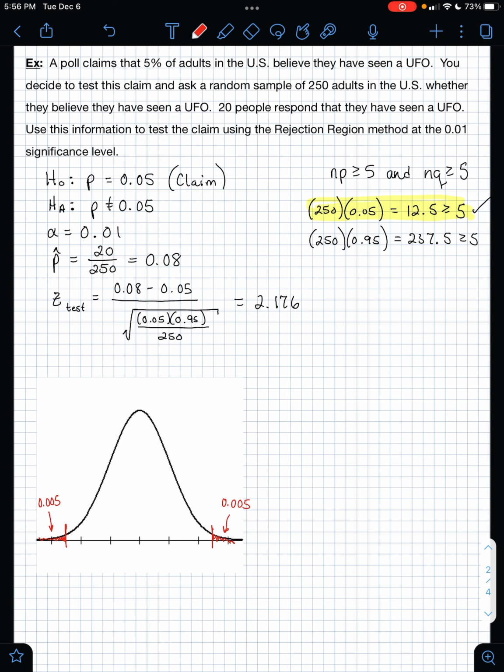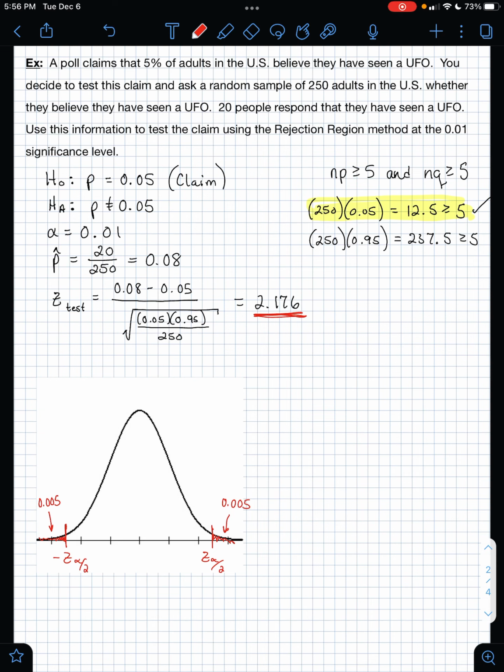Now, because this is symmetric, the critical values will be the same, but one positive and one negative. Now, that being said, our test statistic up here is positive 2.176. So we're going to want to compare this to the positive critical value.